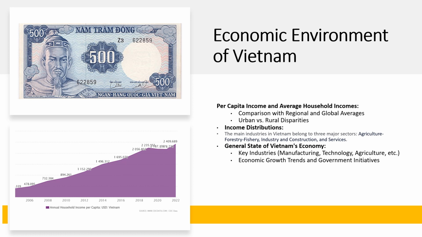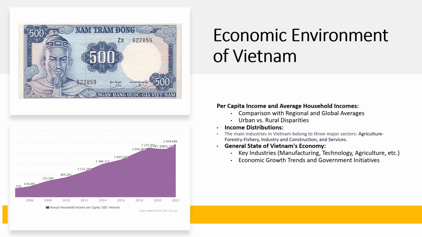Their per capita income and household income are compared with regional and global averages, along with urban versus rural disparities. Income distribution in Vietnam belongs to three major sectors: agriculture, forestry and fishery; industry and construction; and services. The general state of Vietnam's economy includes key industries like manufacturing, technology, and agriculture.